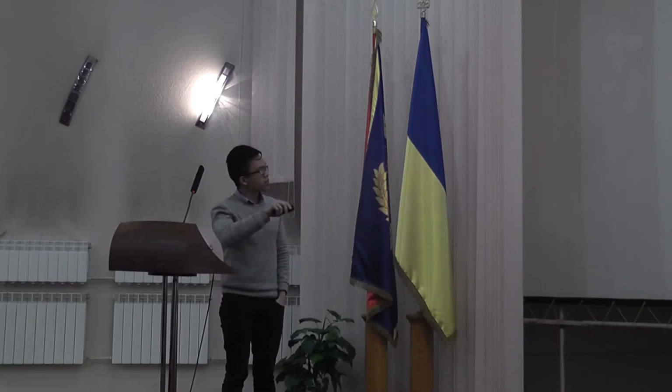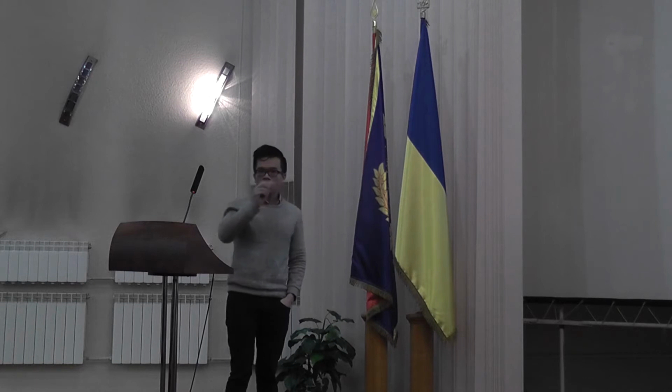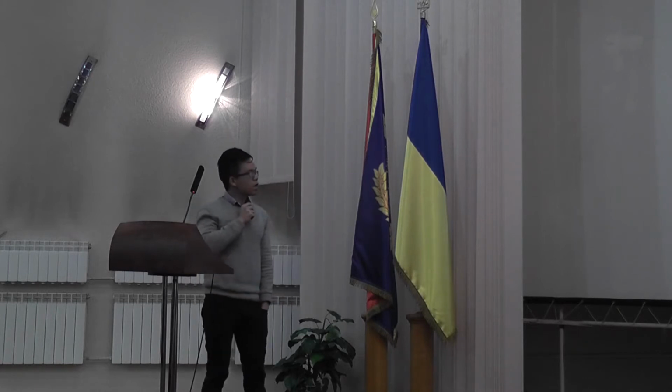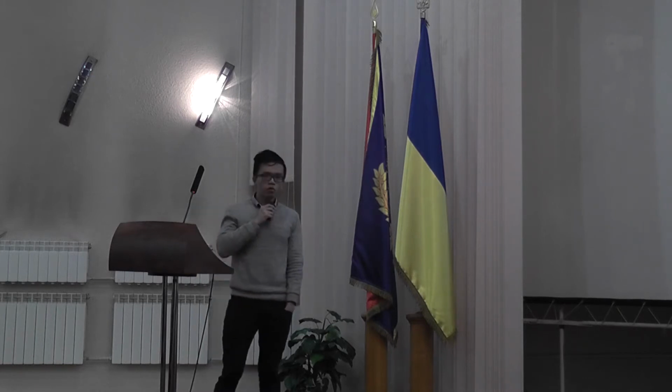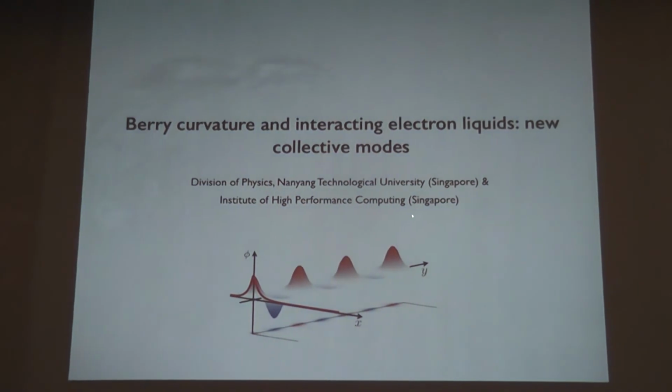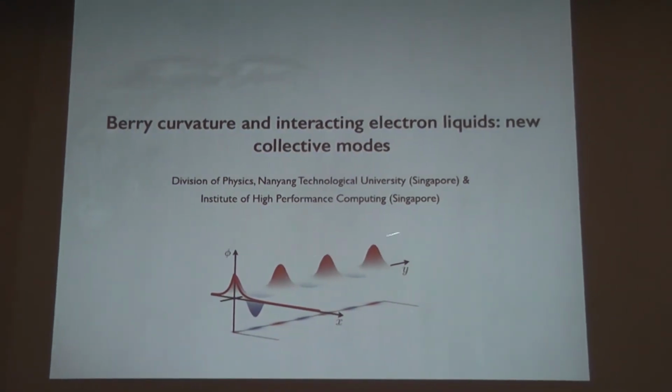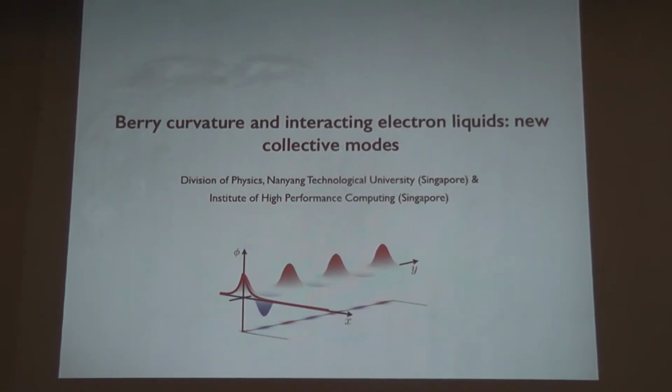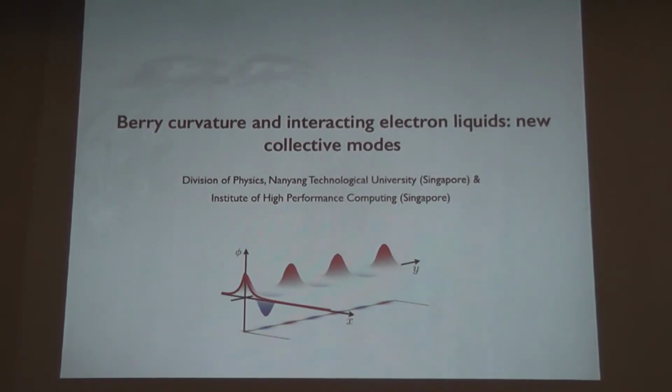It's confined to this edge of this anomalous Hall metal, and it can move in a chiral fashion. So propagation going down this way will go with a different speed or frequency than propagation going down this way. So there's some chirality going on in this system, and I'd like to tell you how this can be achieved at zero magnetic field.